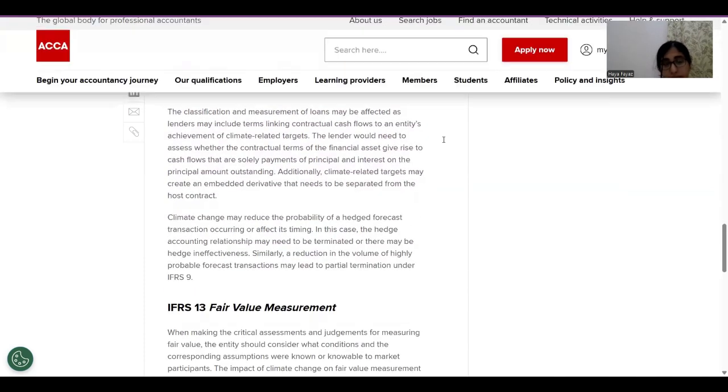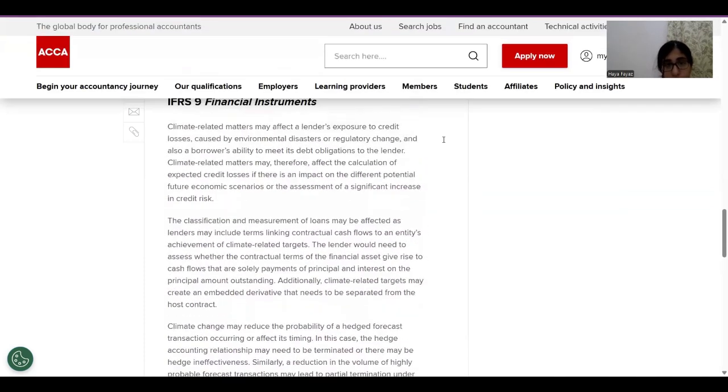Then IFRS 9. It has got a lot of paragraphs. Climate related matters may affect a lender's exposure to credit losses caused by environmental disasters. If the company has lent to someone, or if there's a receivable, it's the same thing, their calculation of ECL will be affected, right? Initially, they just recorded a 12 months loss.